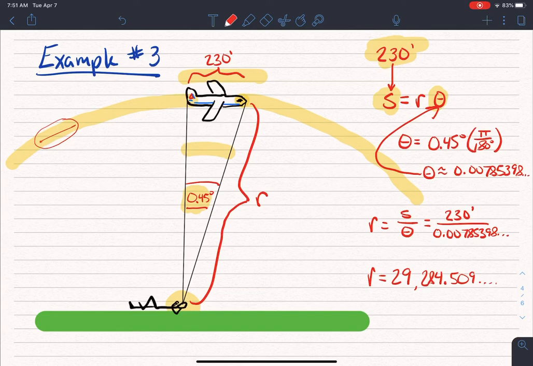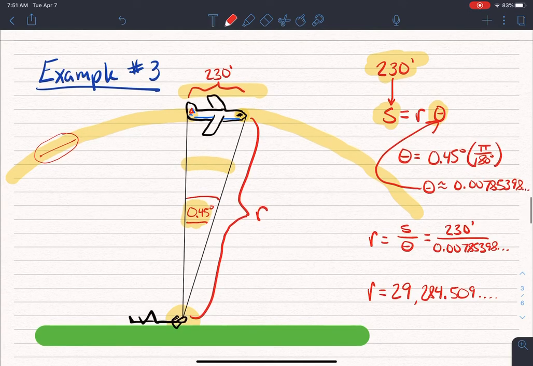Let's go ahead and answer this in terms of 3 sig figs. In 3 sig figs, the altitude, or the radius, is approximately 29,300 feet. And that would be how high the plane is flying, the altitude of the plane.